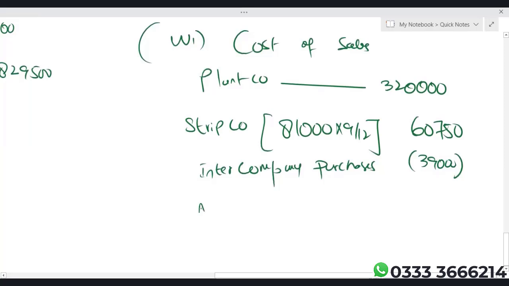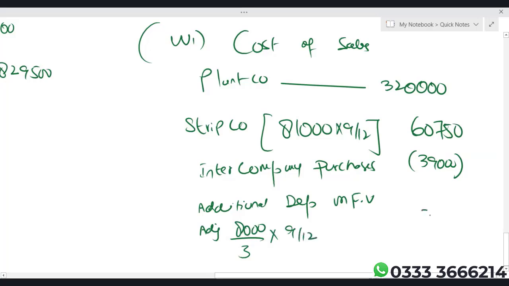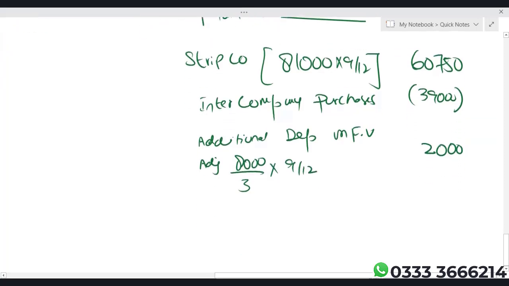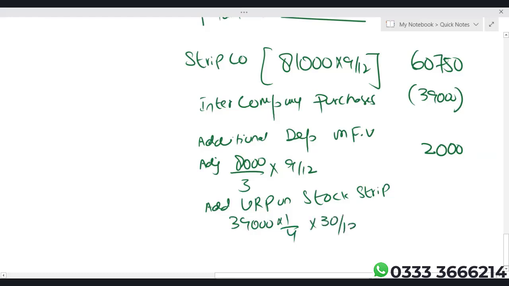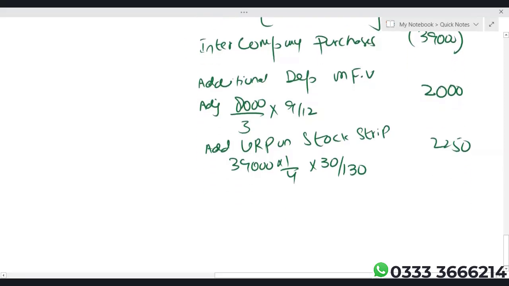Additional depreciation on fair value adjustment will be added to COGS. Additional depreciation on fair value adjustment, that is machinery, 8,000, remaining life is 3 years at acquisition. Post-acquisition period is 9 months, so 2,000. Let's add unrealized profit on stock in case of strip company: 39,000 times 1 upon 4, markup is 30, so 30 upon 130 gives me 2,250. Parent has sold stock to the associate as well.